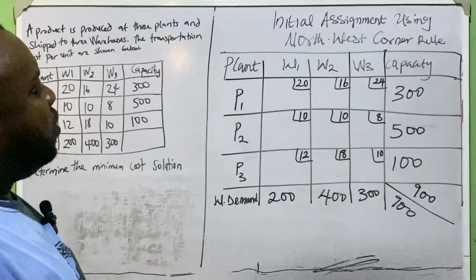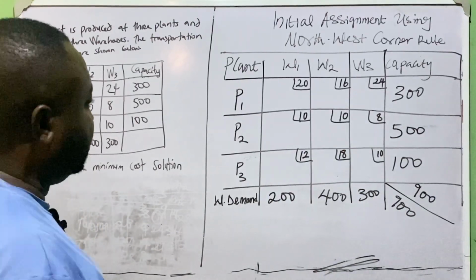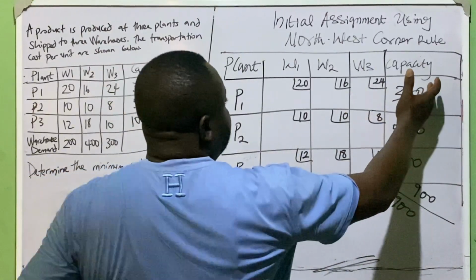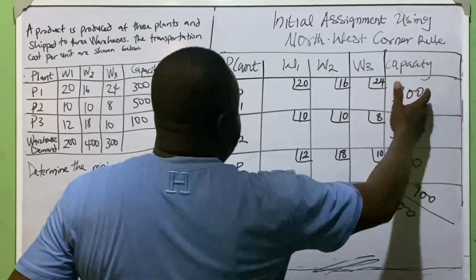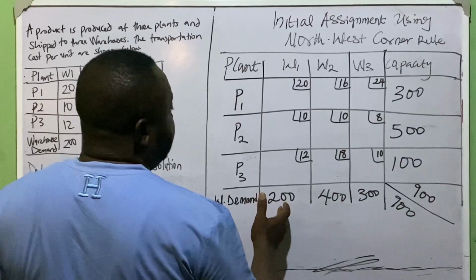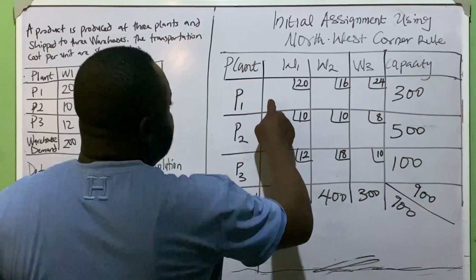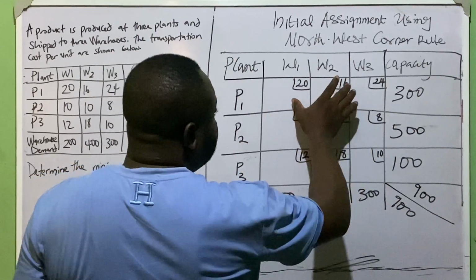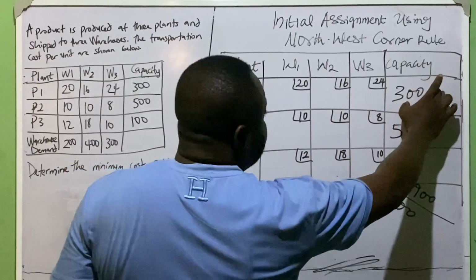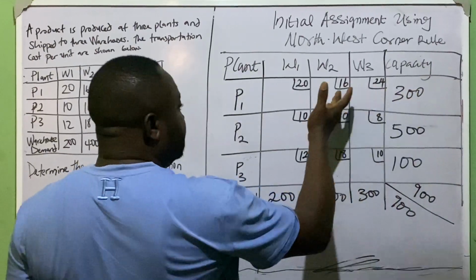So what are the things that guide initial assignment? Two major things: the capacity constraint, which is the resource available, and of course, what the warehouse can hold. So there will never be a time when you sum up plant 1's row and have anything more than 300, because it is this 300 that will be feeding these cells.